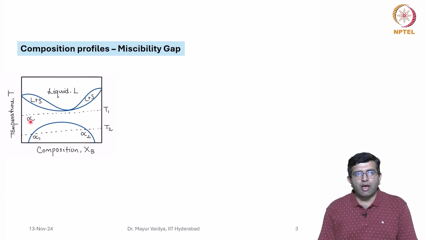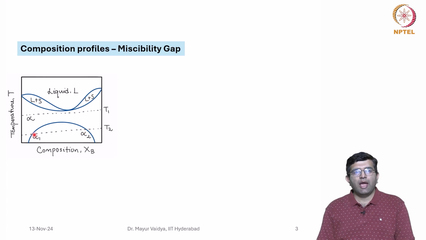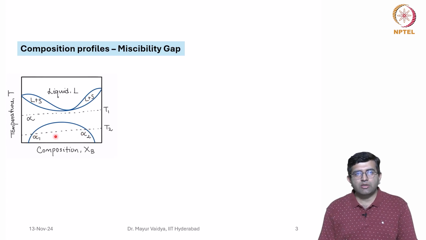Remember that alpha 1 and alpha 2 all have the same crystal structure. It's only the compositional differences, and the composition of alpha 1 is given by this point, and the composition of alpha 2 is given by this point. So, this is the alpha 1 composition, this is the alpha 2 composition, and at any point in the miscibility gap, you have a mixture of alpha 1 and alpha 2.